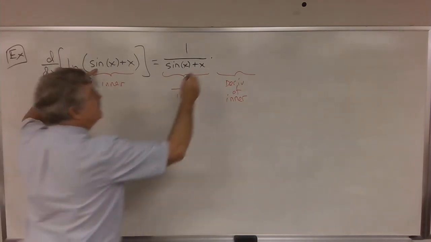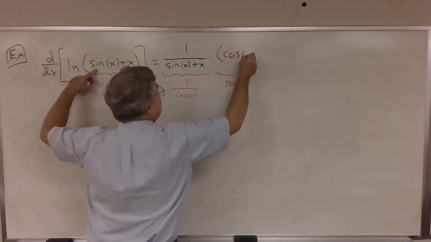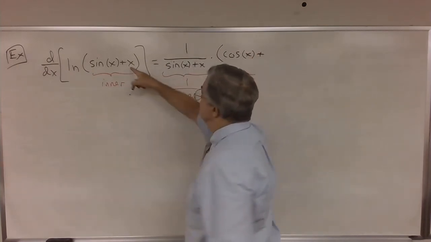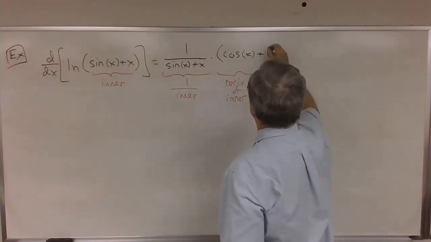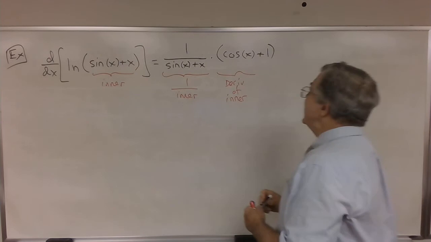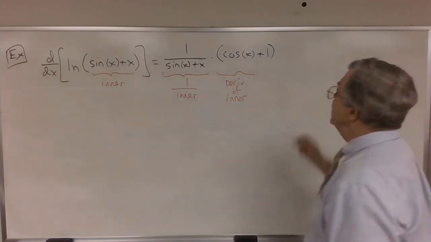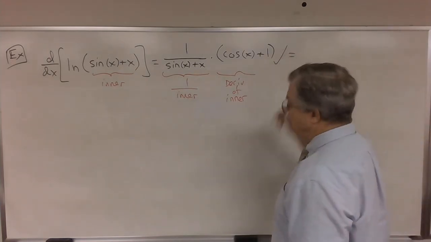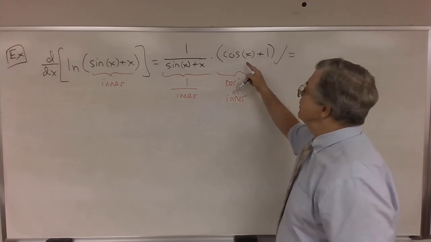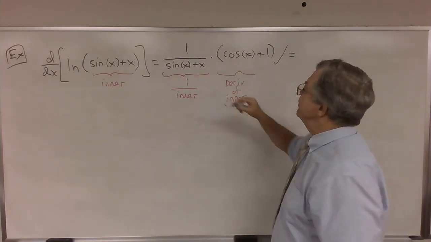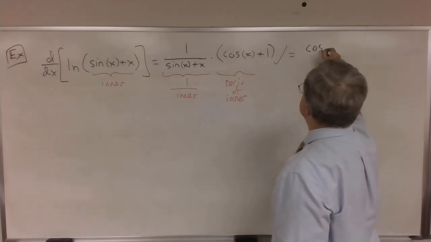Okay, cosine of x plus the derivative of x, which is 1. That's the derivative. And we can leave it like this, or we can tidy it up a bit by multiplying these two things together.